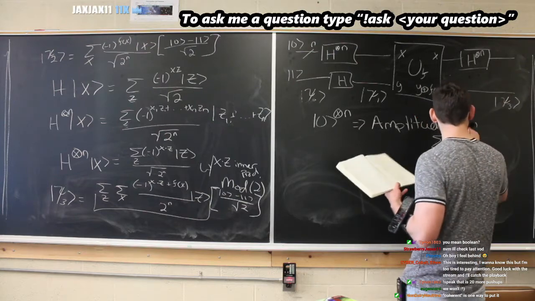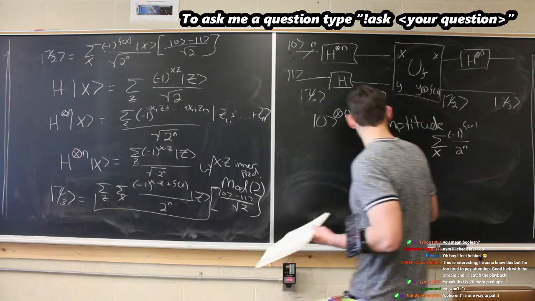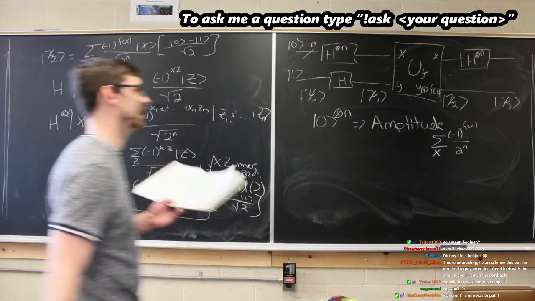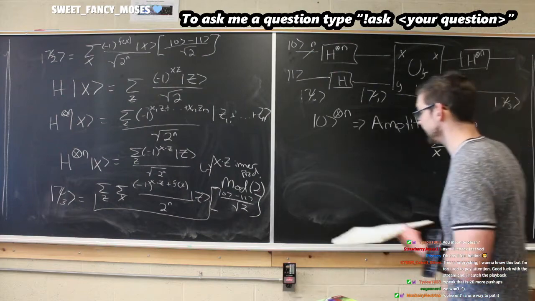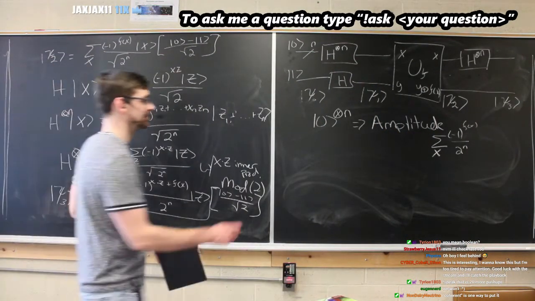Okay? Now, we don't know what f of x is yet. That's important. We don't know what f of x is yet. But we can already start to see that we're going to be able to get some information out of this thing, the amplitude. So let's talk about what happens in the case that f is constant, okay?